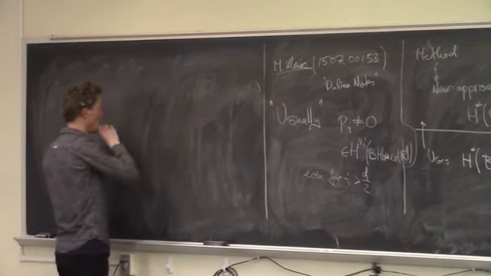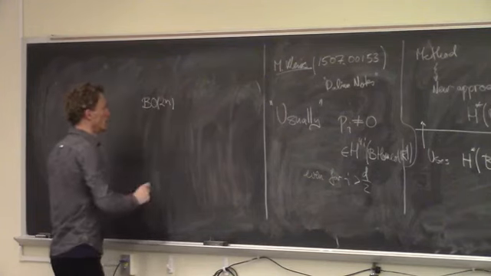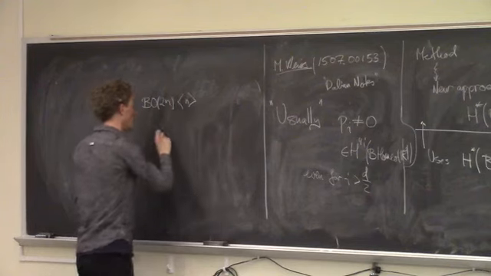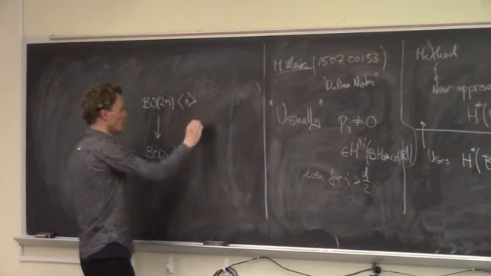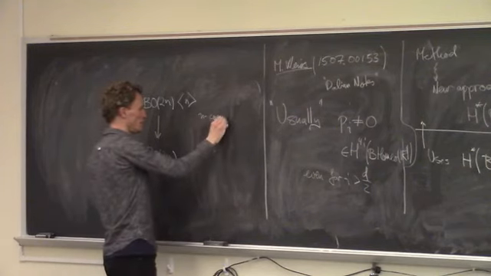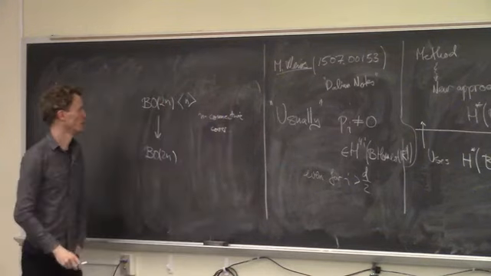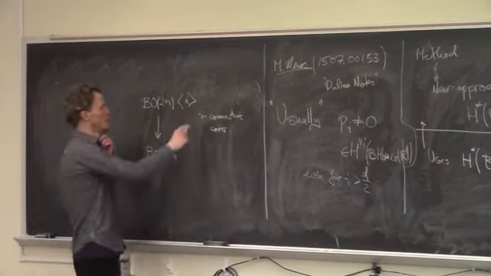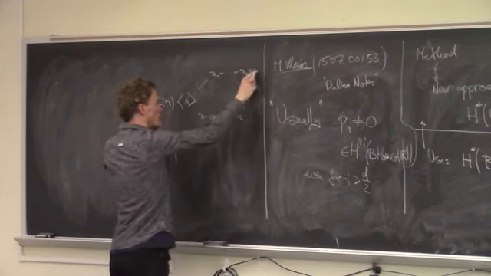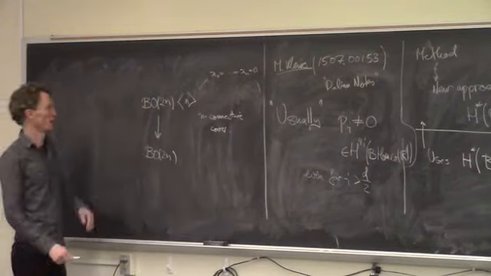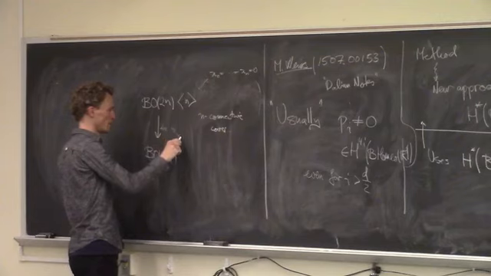So, that's an n-connected cover, characterized by this space having no homotopy groups up to pi n, and this map being an isomorphism on pi n plus 1 and higher.